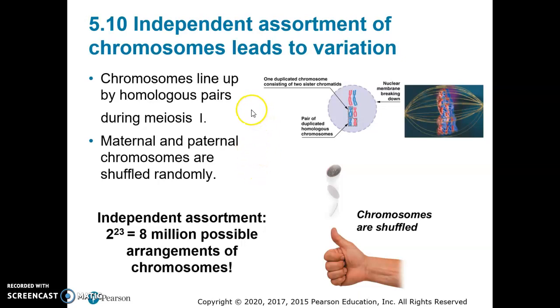So it has to do when the chromosomes are lining up during meiosis 1 as homologous pairs. So when they come to the middle of the cell, the metaphase plate, how chromosome pair number 3 here lines up with dad's on this one side and mom's on the other, they get to line up independent of what this chromosome pair did, independent of that one.